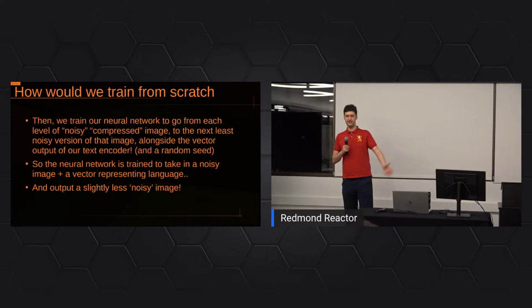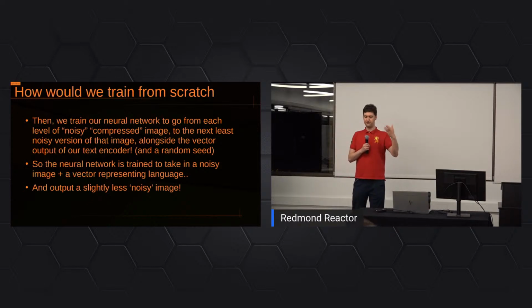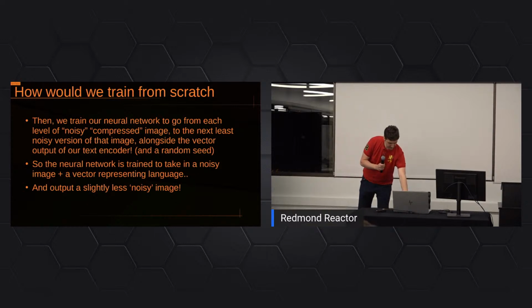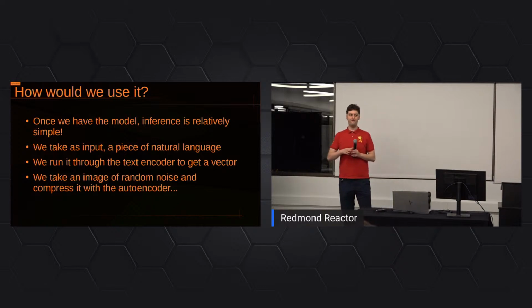So these are all designed to output that compressed image in latent space. So this is all occurring in essentially the dimensions and the structure of the middle aspect of a variational autoencoder.